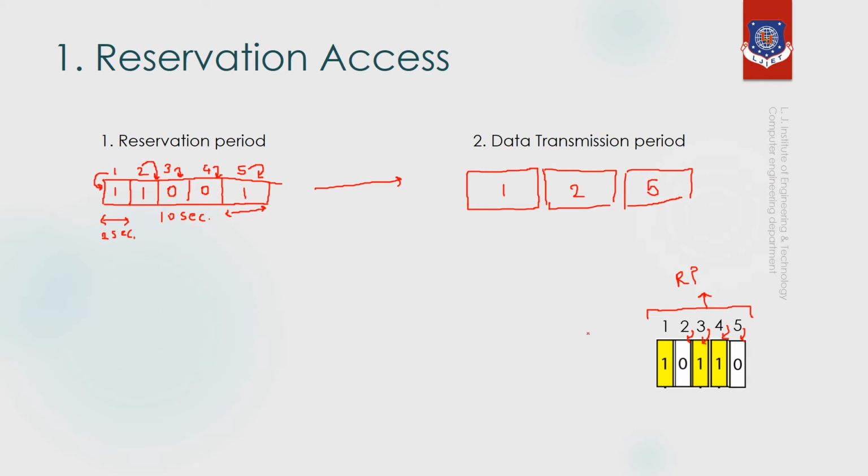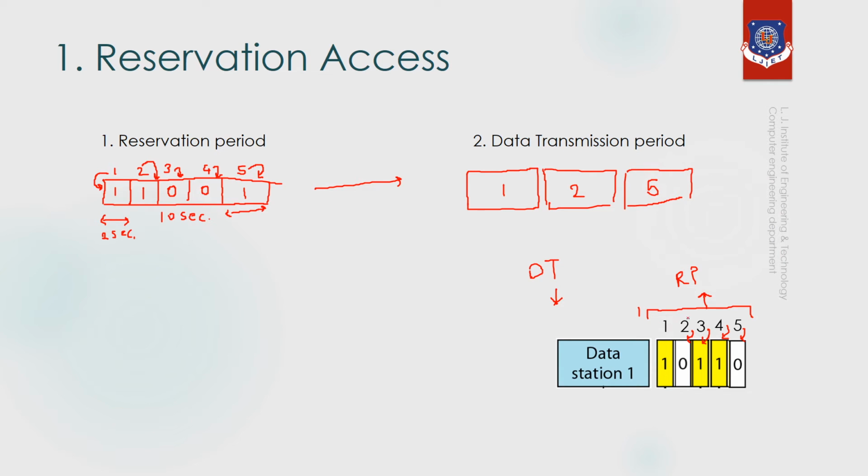And after the reservation period, the period that comes is called the data transmission period. So in the data transmission period, you can clearly understand that the first data which is being sent is by device 1.